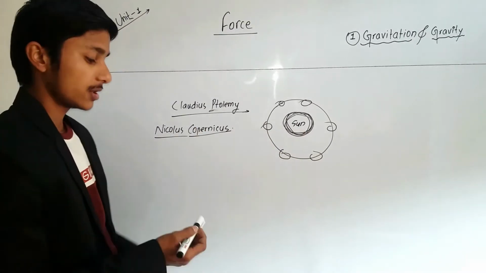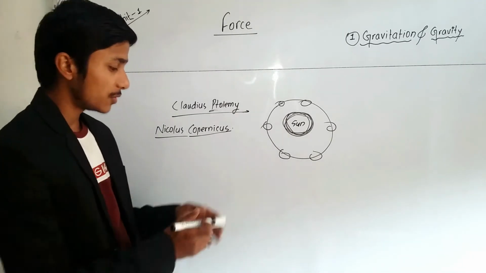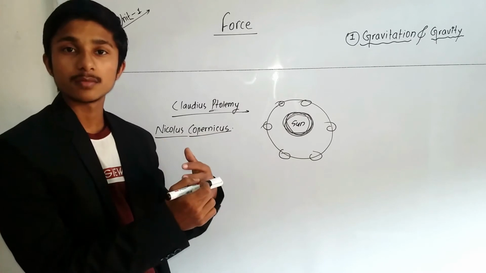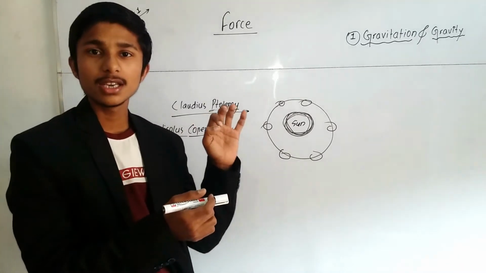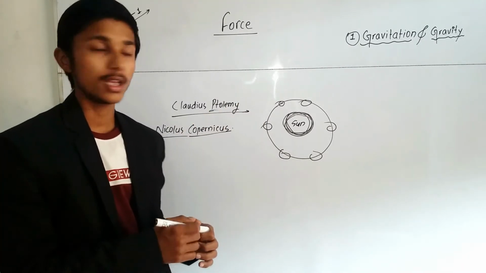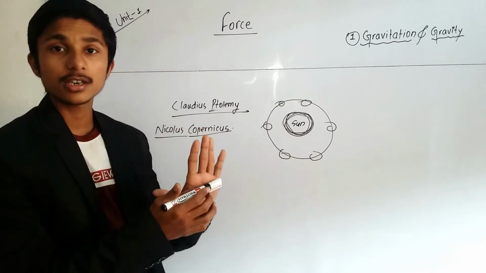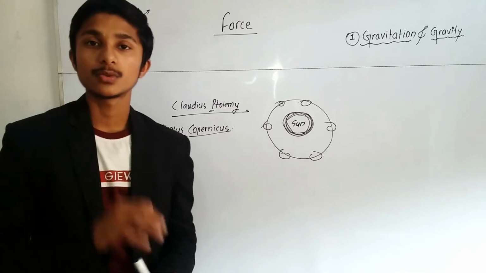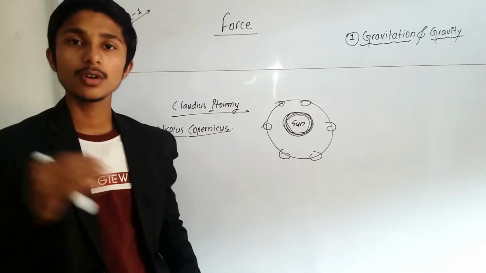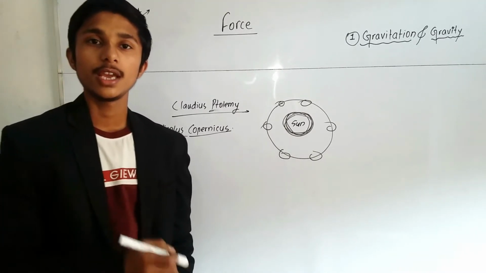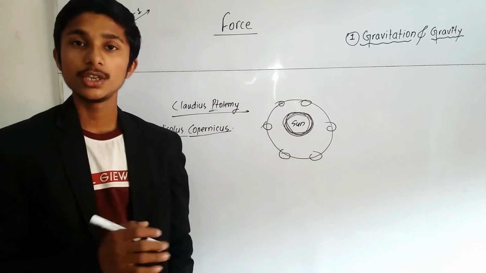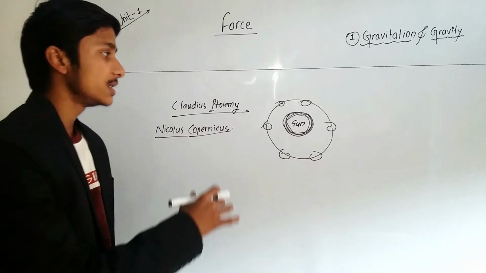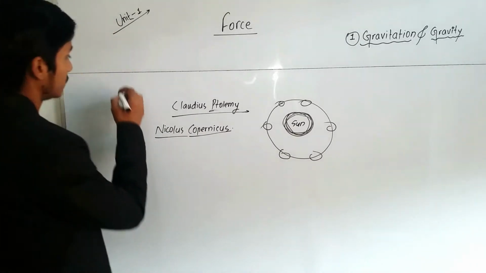Suppose the attraction is between this marker and me. The attraction is there, but it is negligible. This attraction is called gravitation, the force of gravitation. Thus we define it as the mutual force of attraction between any two objects due to their masses. And this is gravitation.